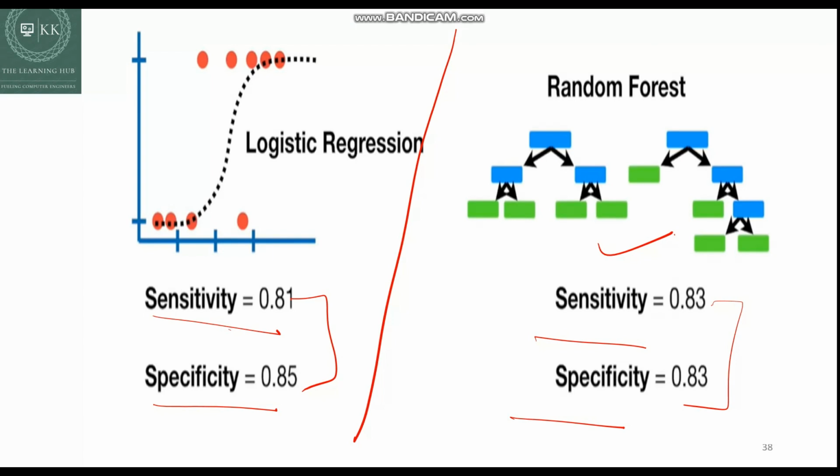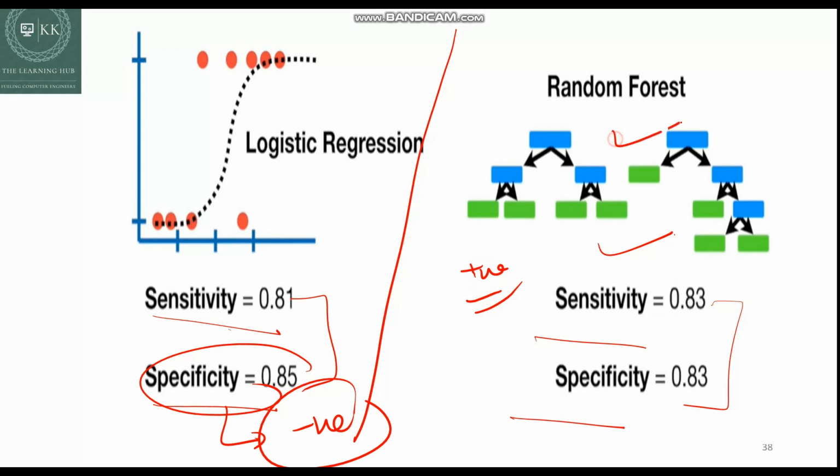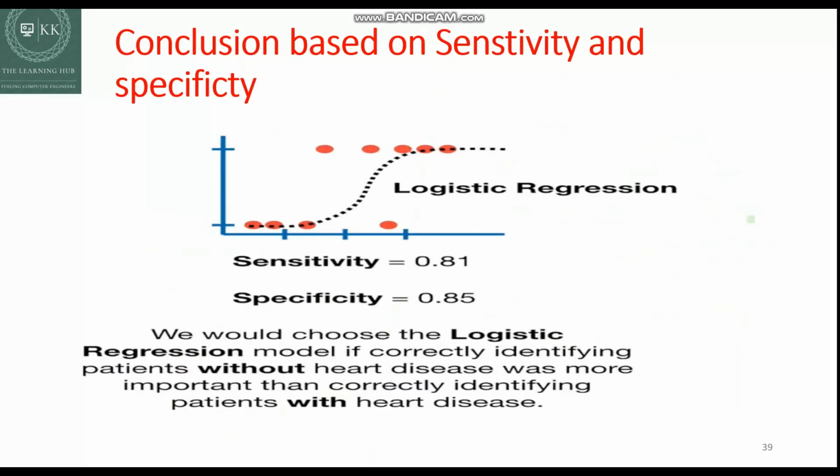And when we talk of specificity, it tells us that logistic regression is slightly better at correctly identifying the negatives, which is the case when the patients do not have heart disease. So specificity works well with the logistic regression here, that is logistic regression for negative cases, and for positive cases which one has worked well? The random forest. So this is how we can identify or calculate the accuracy of the model.